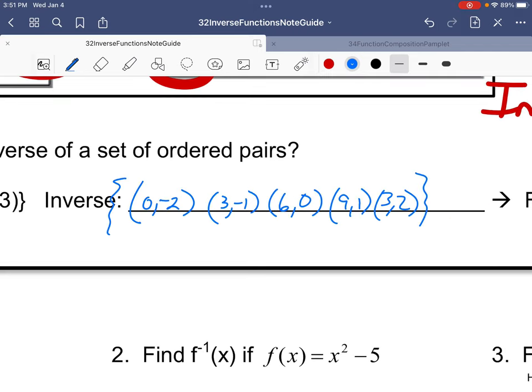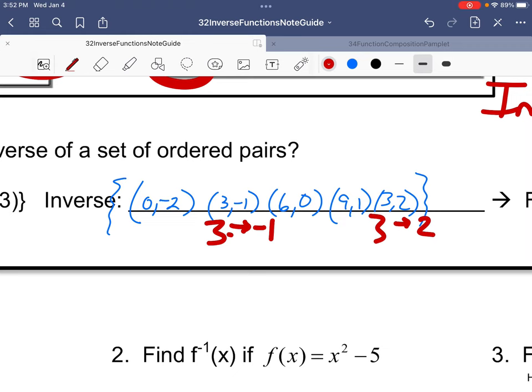Now, all I really did there was I switched all the x's and y's. But do I now have a function? What does that mean? Well, look, if you look at this x value of 3, it goes to a y value of -1. But if you look at this x value of 3, it goes to a y value of 2. That's not good, because I have x equals 3, that is the number 3, going to 2 different y values.